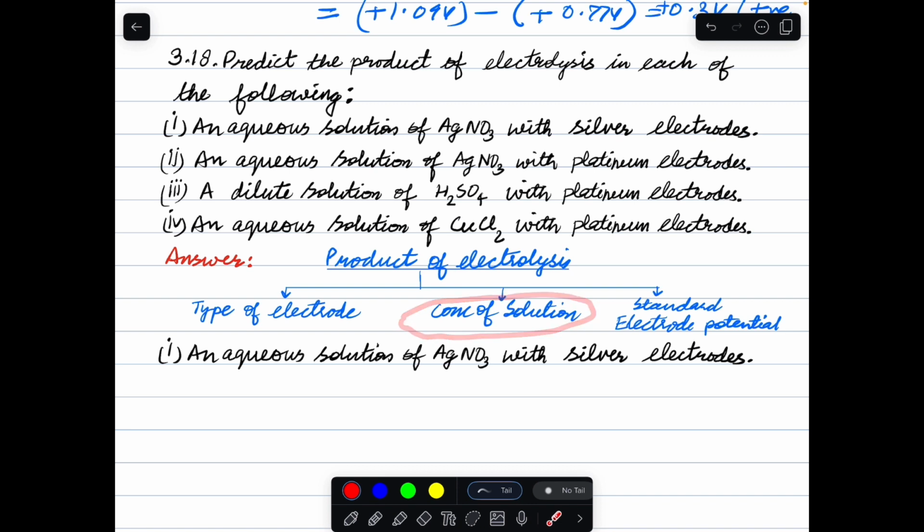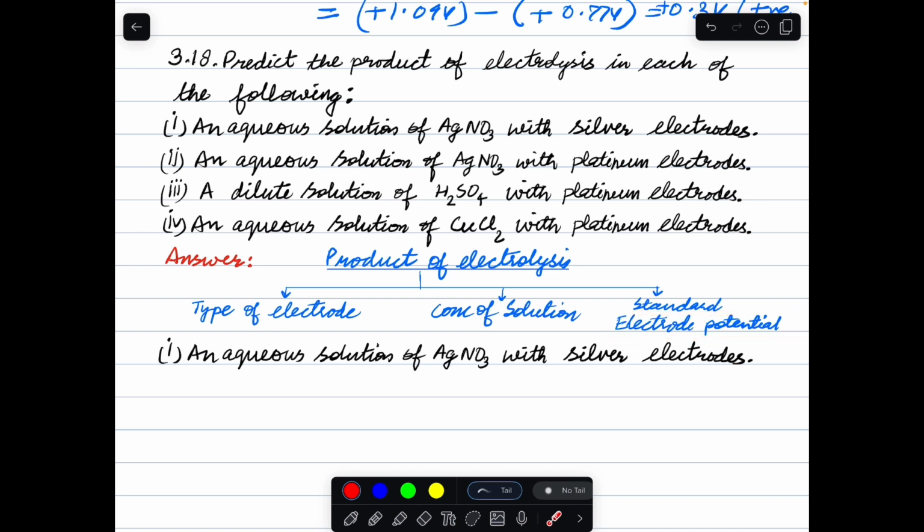We have different types of product depending upon whether we have a dilute or concentrated solution of the electrolyte. And lastly, the standard electrode potential. The value of the standard electrode potential will decide which species will be oxidized at the anode and which one will be reduced at the cathode, depending upon the value of the standard electrode potential, which is the reduction potential.